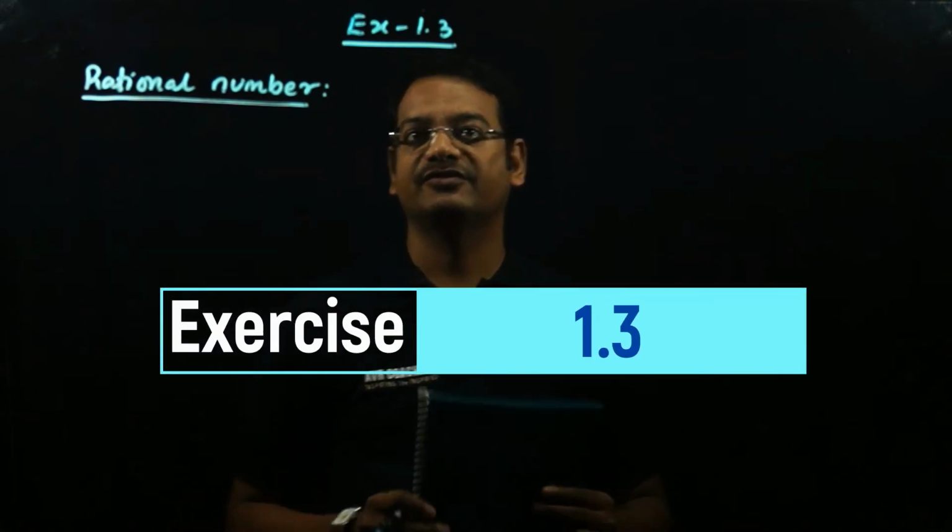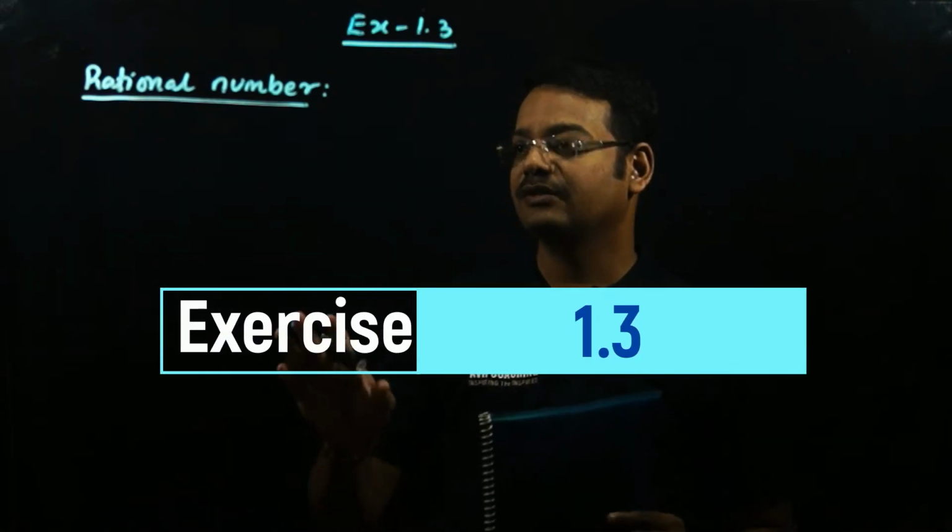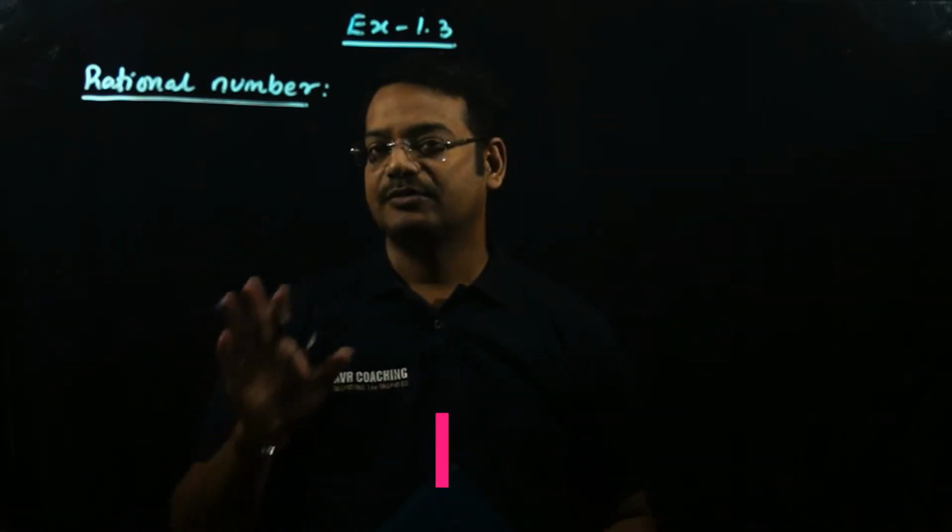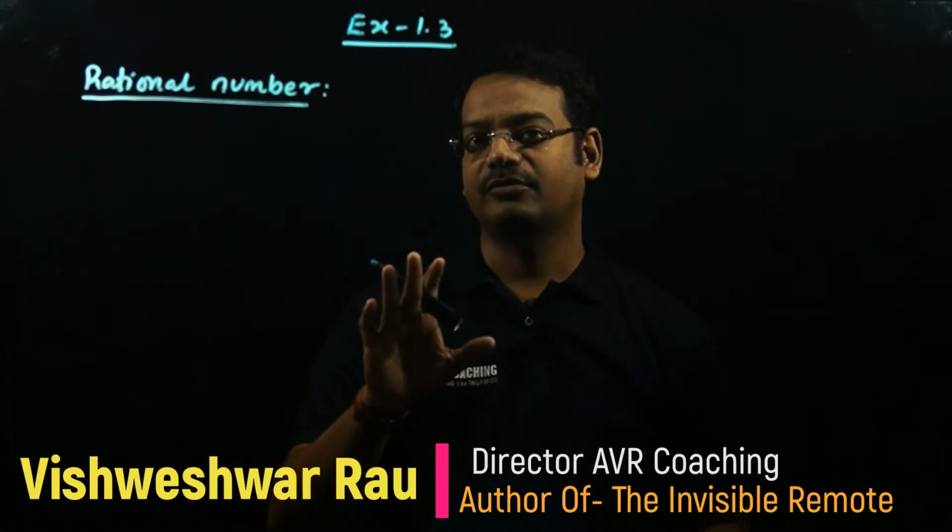Now before starting exercise 1.3, we'll first learn what is a rational number. Rational numbers are numbers which can be represented in the form of p by q.